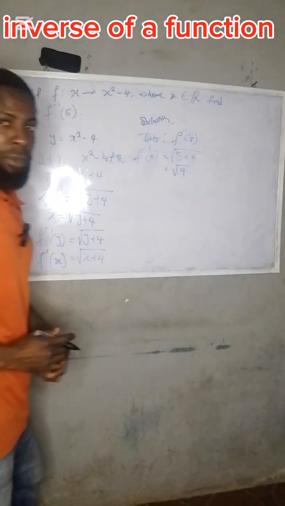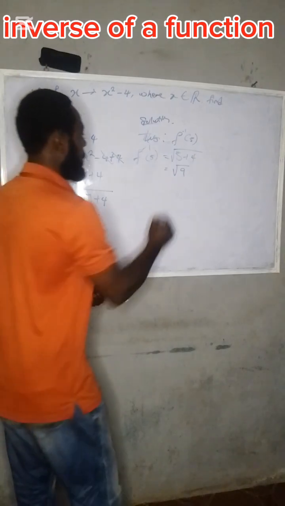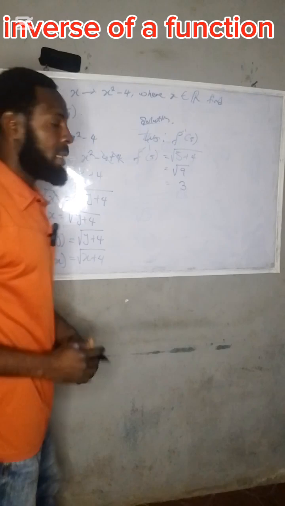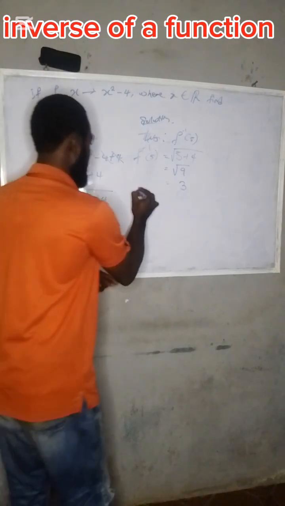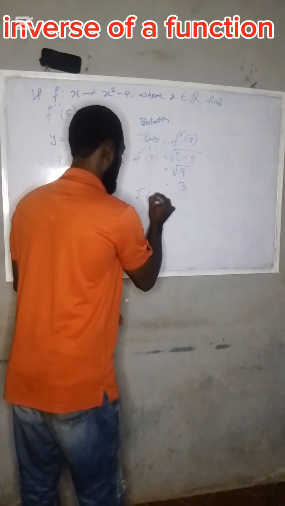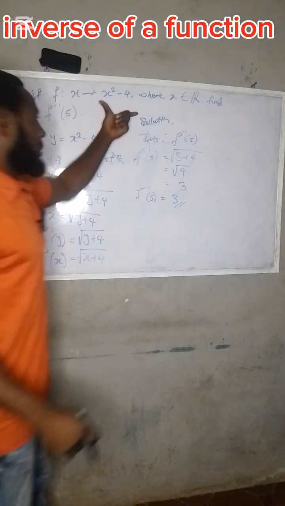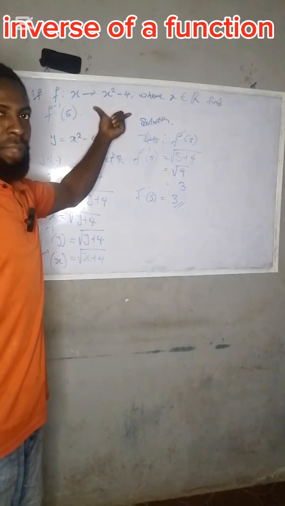And we know that the root of 9 is nothing but 3. This implies that f inverse of 5 equals 3, from this function given to us.